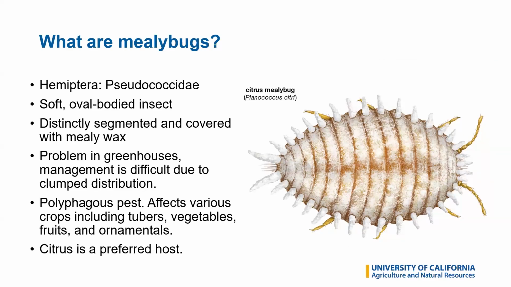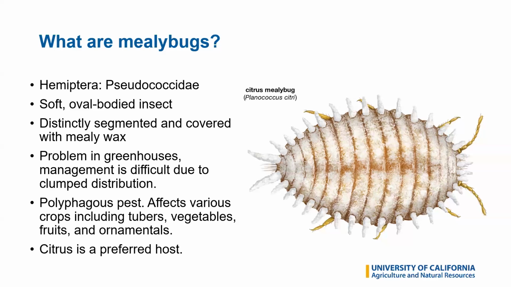First of all, what are mealybugs? Mealybugs are soft-scale insects. They are sap-sucking pests in the order Hemiptera, belonging to family Pseudococcidae. Their characteristic feature is that they have a soft, oval-shaped body, and they are distinctly segmented, and they're covered in mealy wax.